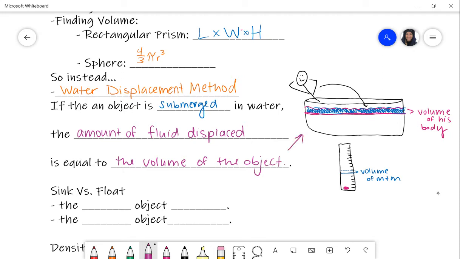And we've got two good examples here. Okay, so that'll be one way that we can use to find the volume of irregular objects.